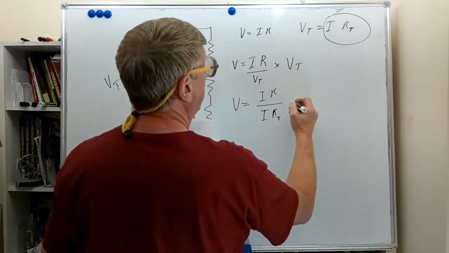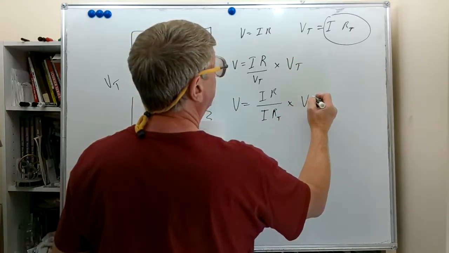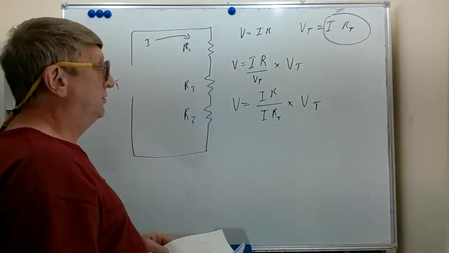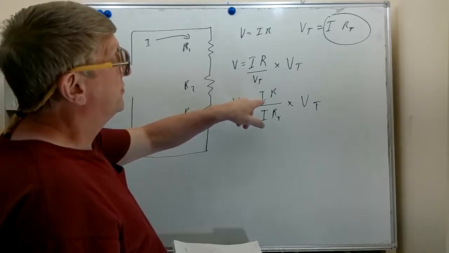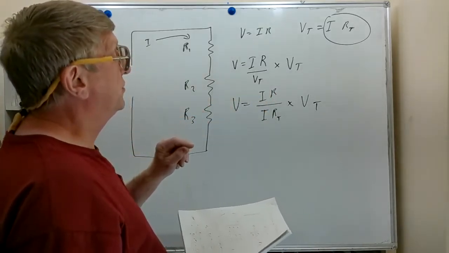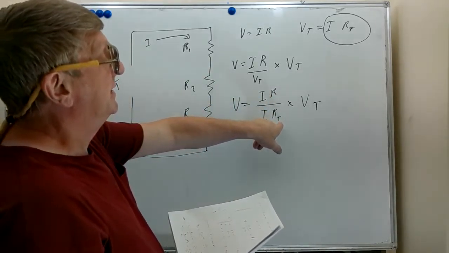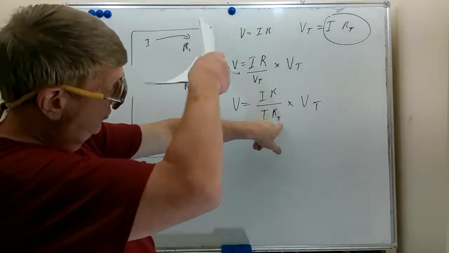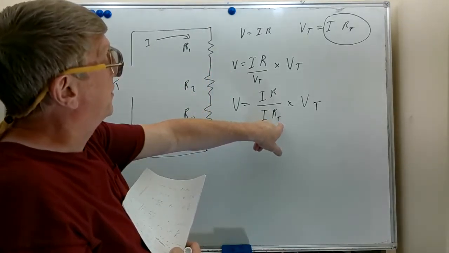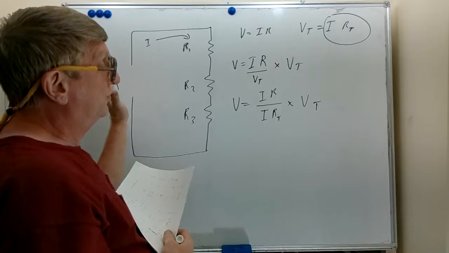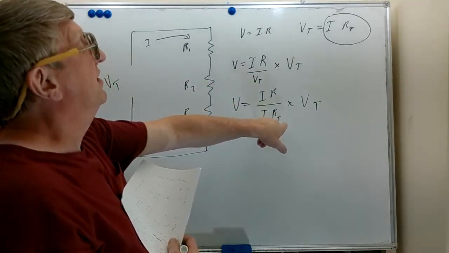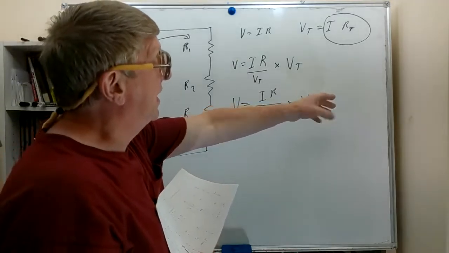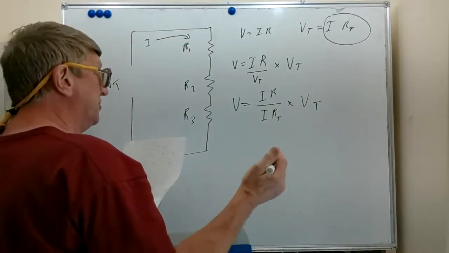And we're going to leave the other one the same, times VT. So if we're talking about the voltage across any resistor, it's the current through the resistor times the value of the resistor, divided by the current through the loop, which is the same everywhere, times RT, and then times the total voltage. It's still going to be a good number.